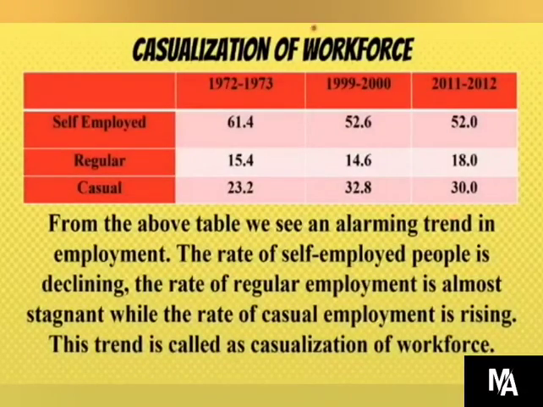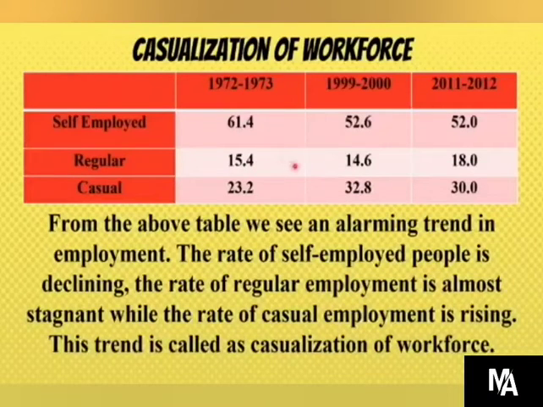The next trend is casualization of workforce. You can see the data here. In 1970 to 73, the self-employed people were 61.4%, regular were 15.4%, and the casual were 23.2%. But as you see the trend, as the years increase, the self-employed people are getting reduced.